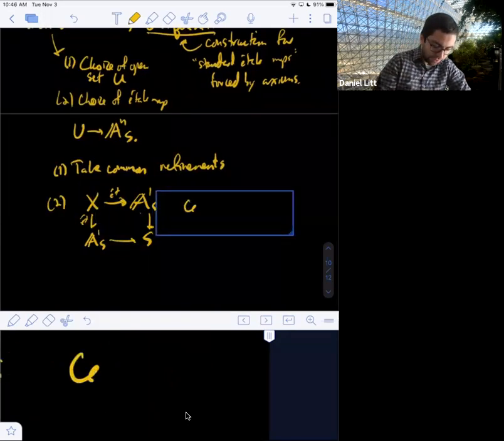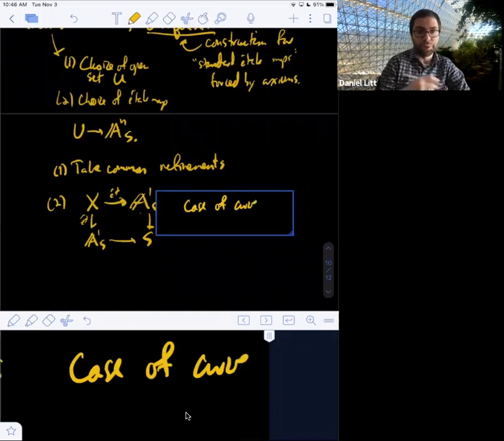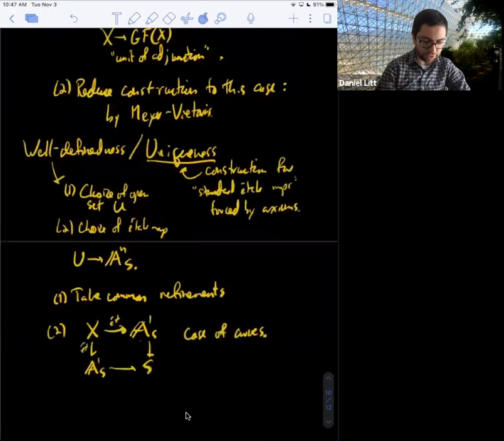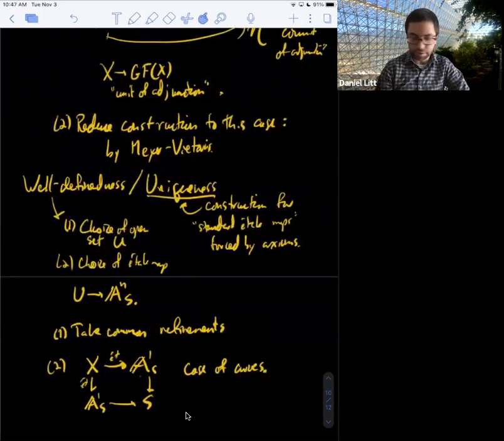But this is just the case of curves, for which we made a really canonical map earlier when we computed the compactly supported Étale cohomology of curves. So this isn't so bad. So really this well-definedness is not actually so bad. So the construction of this map is not so bad.